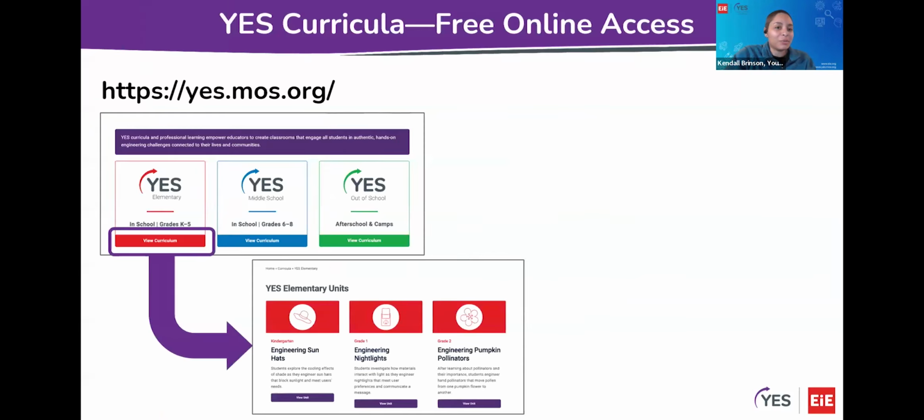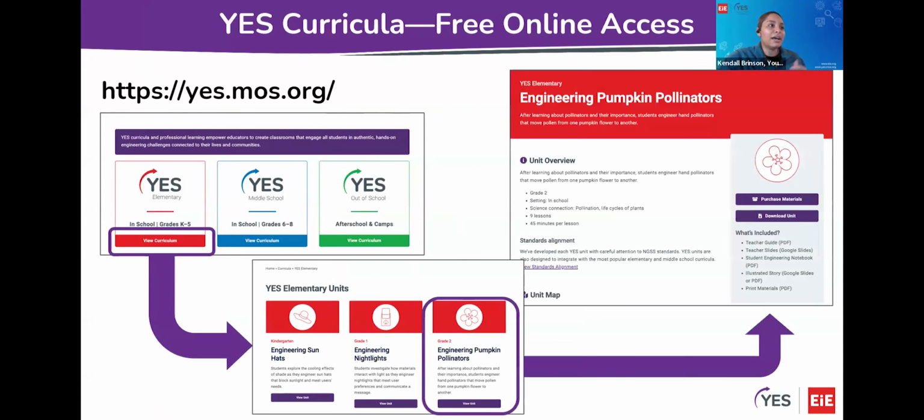And with that said, this is what you'll find if you head onto our website. If you click on whichever unit or grade level you're looking for, so for example, we did in-school units today, you could click on any grade level and take a look. And on the right there, it'll say download unit, and it'll take you in to a Google Drive where you can copy everything over, make edits, move things around, read all of the curricula that's available to you.